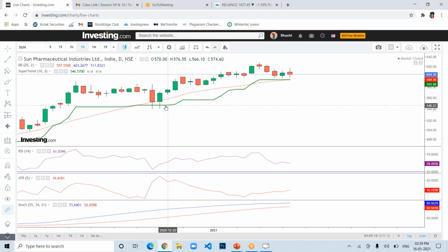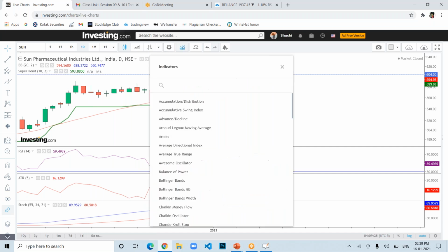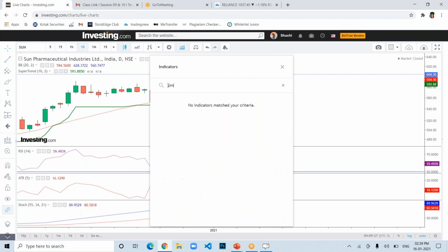Chirag, yes, you can actually plot the 20 SMA also. We can do that. Basically, we don't use simple moving average too much, so that's why. But yes, we can.